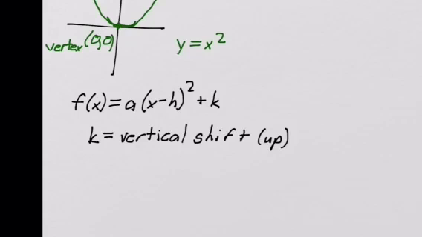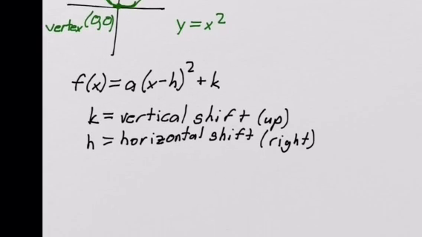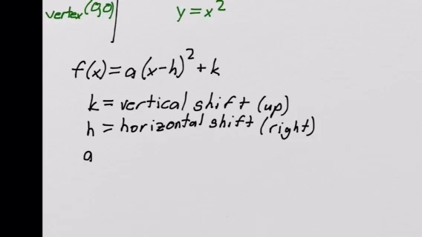And then h, we note, is subtracted inside of the squaring function. So h is going to be a horizontal shift. And because we're subtracting it, it's going to be to the right. And then a, we remember, is that vertical scaling.